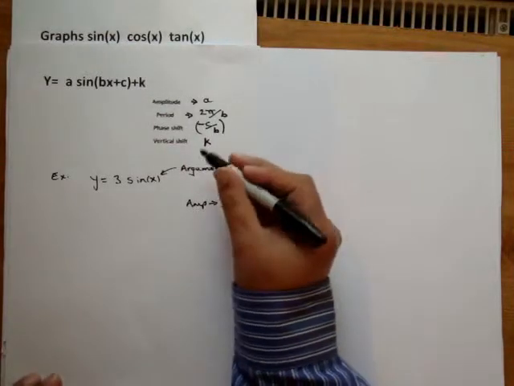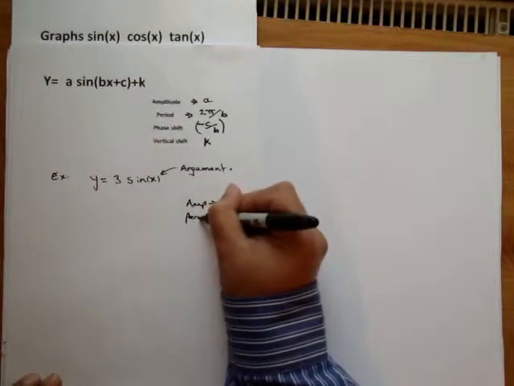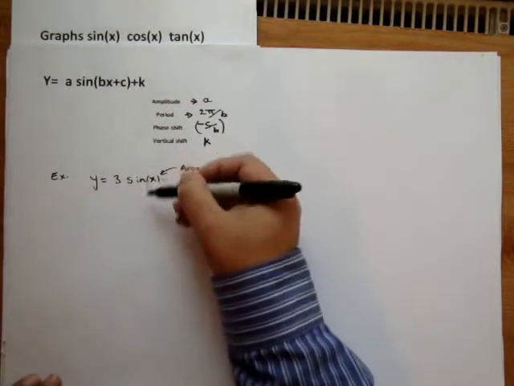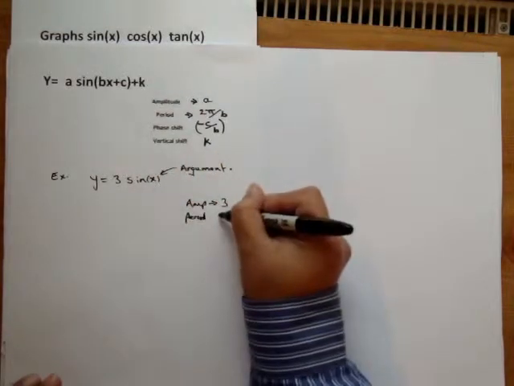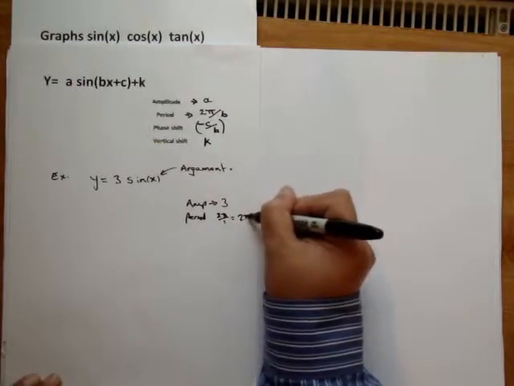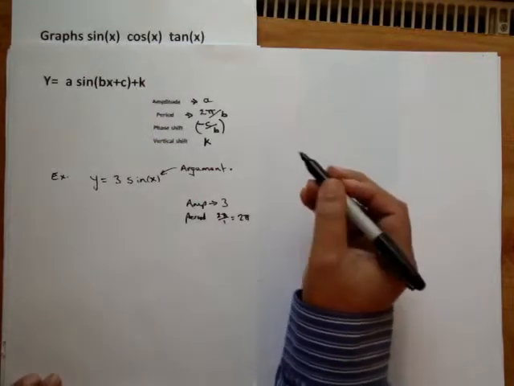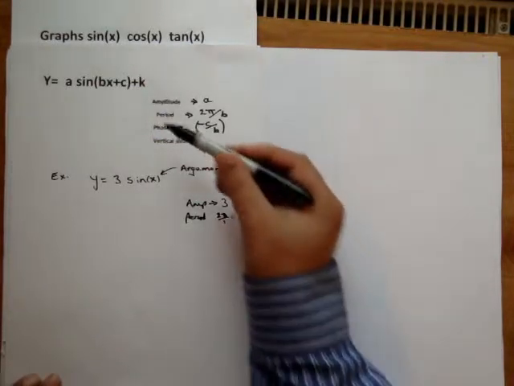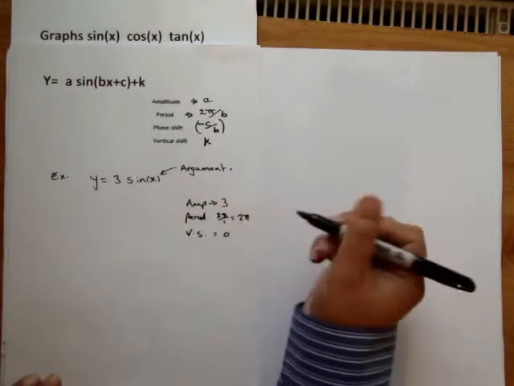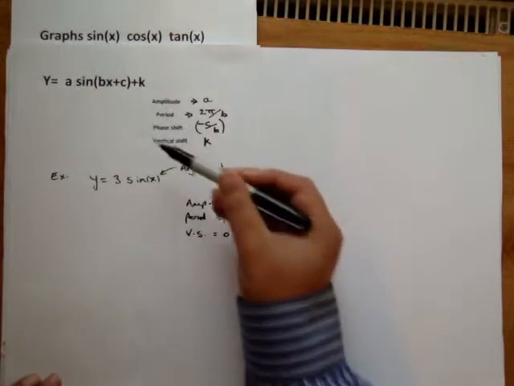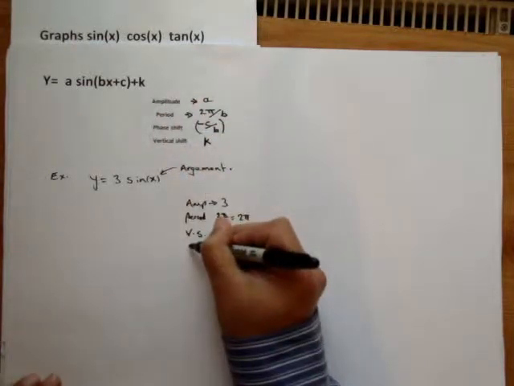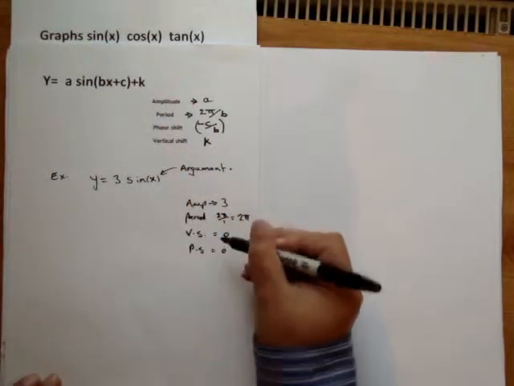The period is 2 pi over B, and B is just 1, so it's 1x, so it's 2 pi over 1, which is just 2 pi, so that's the period. The vertical shift, there is none, there's no plus k here. And phase shift, again, there's no plus in this argument, no plus c, so phase shift is 0.